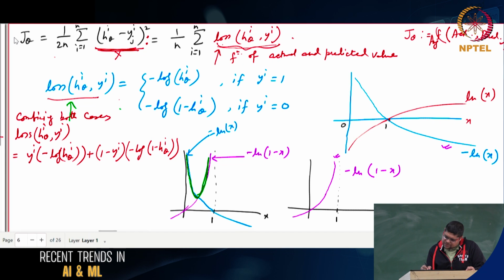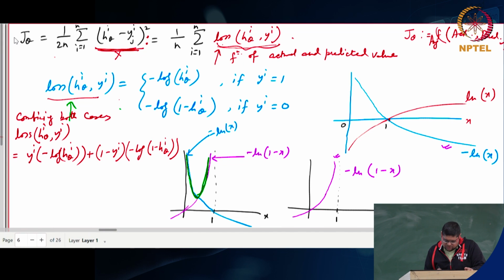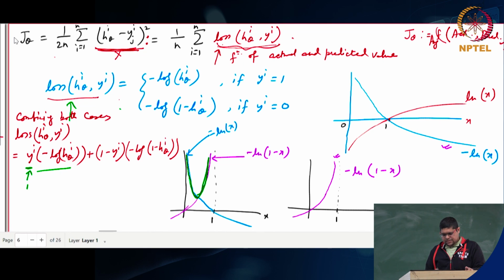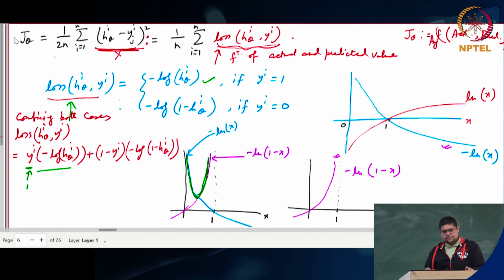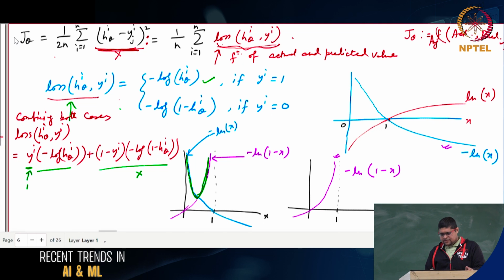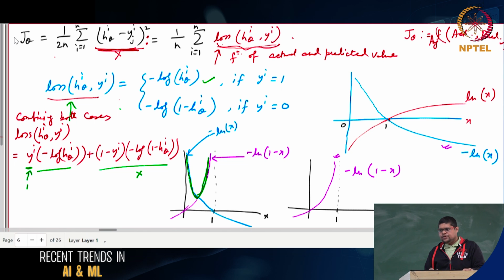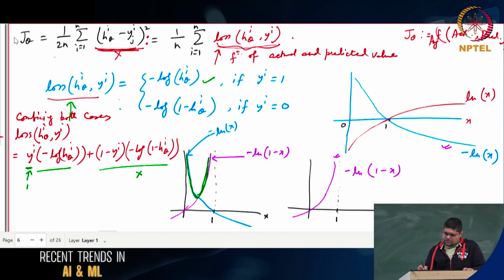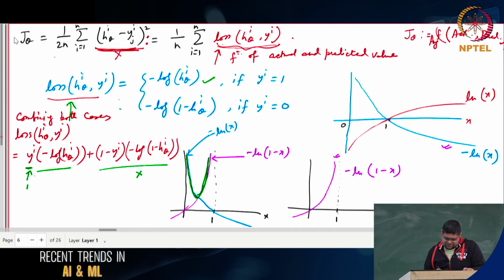So look carefully at this term. When this one is 1, this term will be there just like this, and this will vanish, right? Getting my point? Now if this one is 0, this term will vanish and this term will be there.